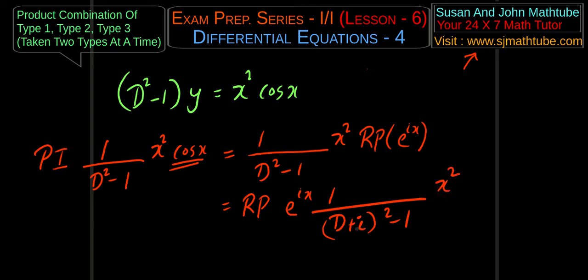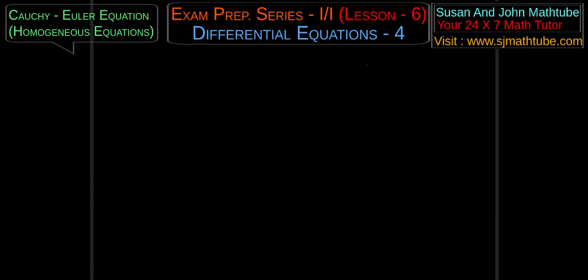Now I hope you'll be able to handle this. Okay, now let's move on to another very important type and one of the most repeated questions, that is the Cauchy-Euler equation. So this is extra important, and you can check the past year's question papers.